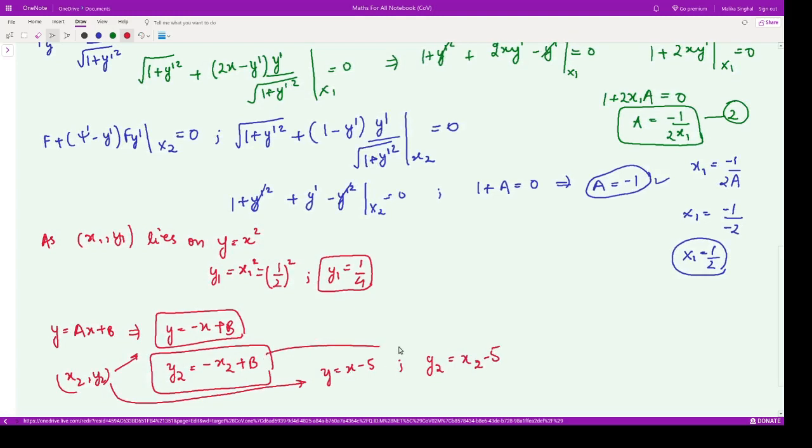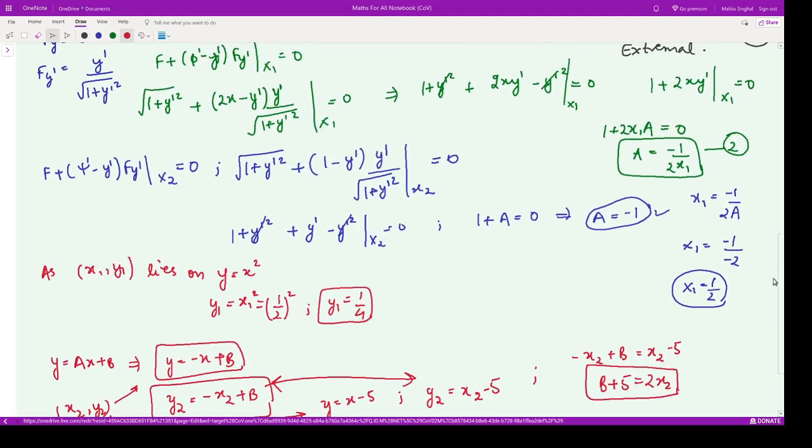From these two, we can simplify a bit: minus x2 plus b is equal to x2 minus 5. So from here you can say that b plus 5 is equal to 2x2. This is one relation we obtain from here.